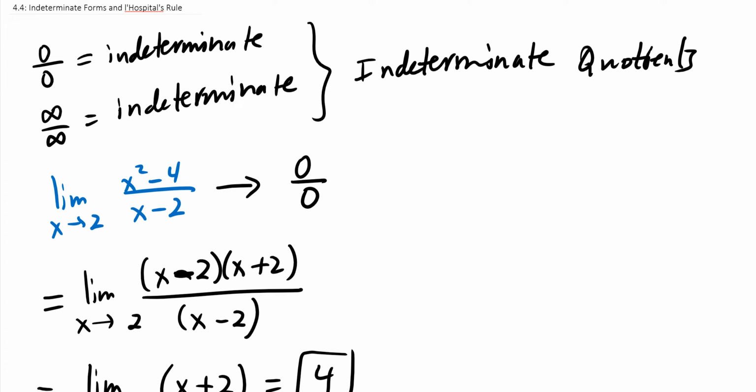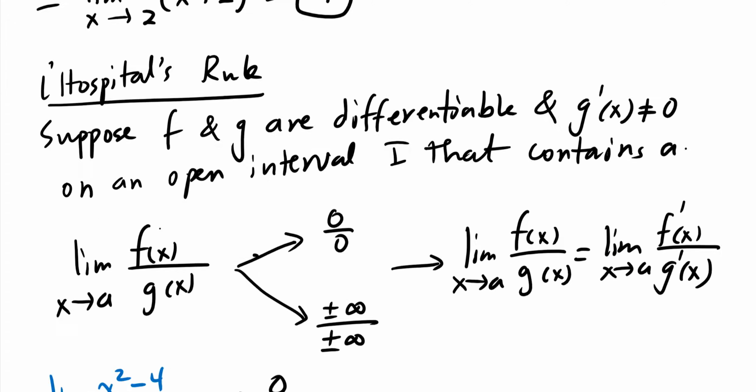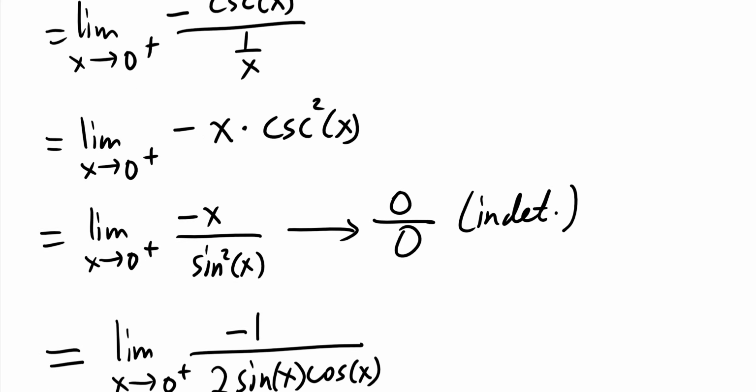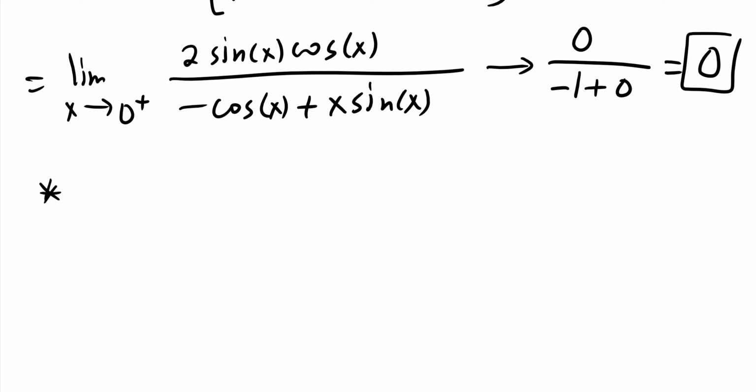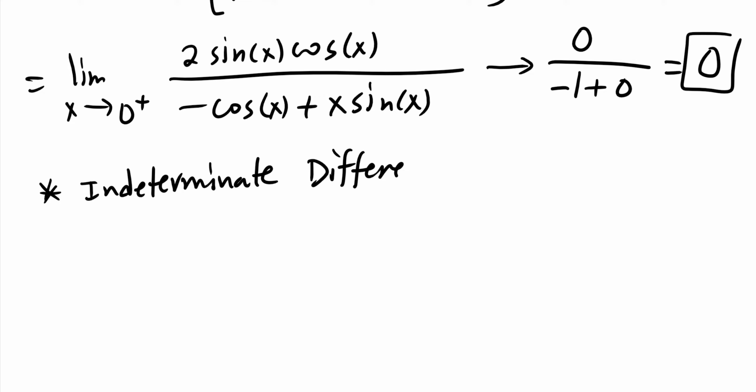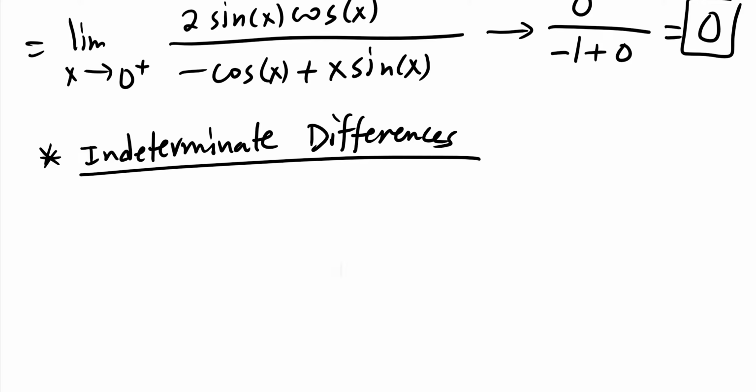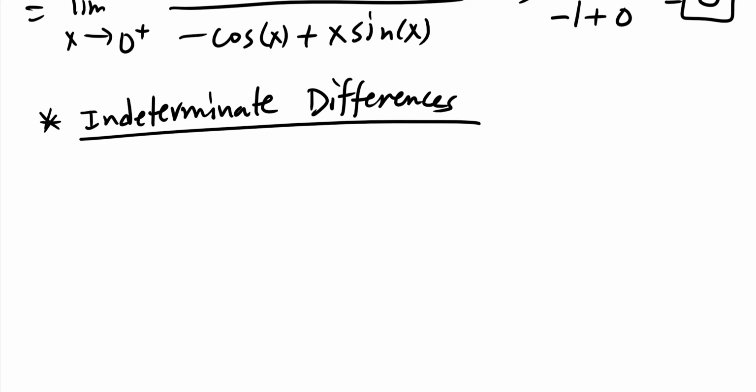And now we have what's next: indeterminate differences. That's when we get infinity minus infinity. That's not a 0.